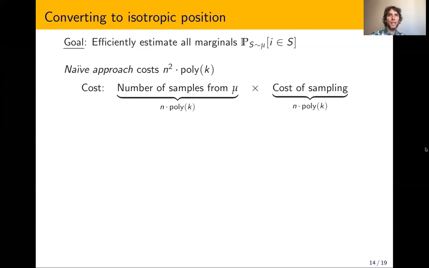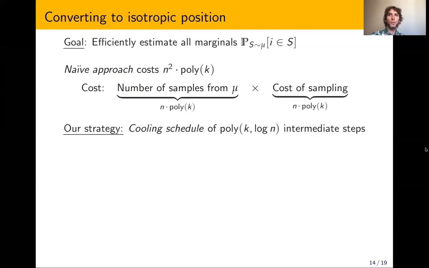In avoiding this, our goal is to take advantage of our accelerated sampler even before we find the isotropic position for mu. Our strategy is to define a cooling schedule, which consists of intermediate distributions that are gradually transformed into mu. We start with a nearly point mass distribution, for which the marginals can be trivially estimated.